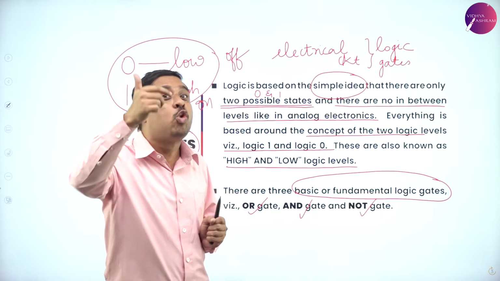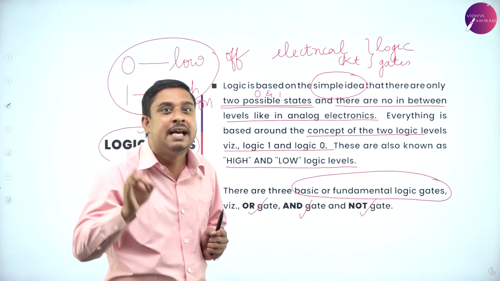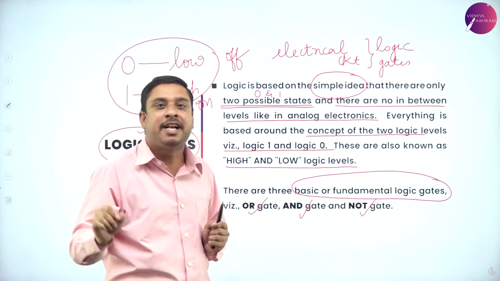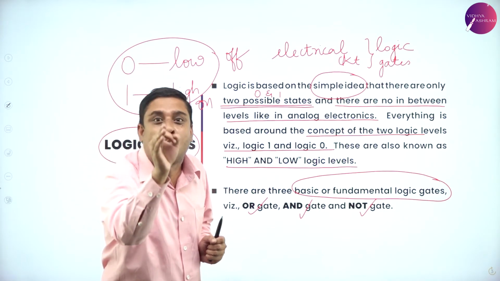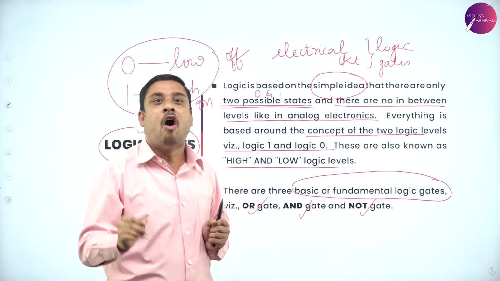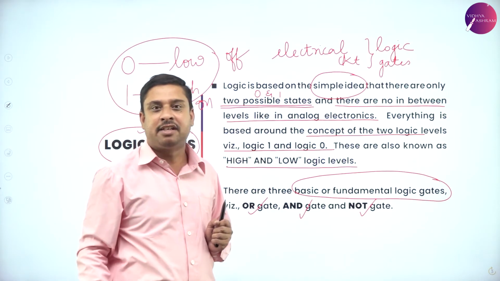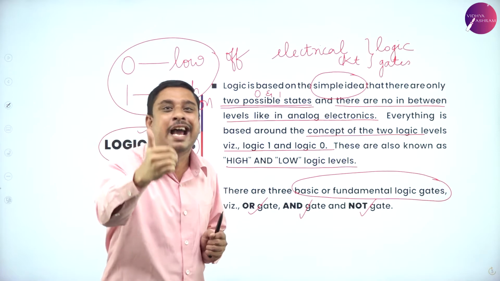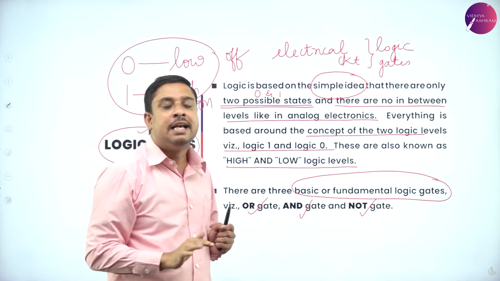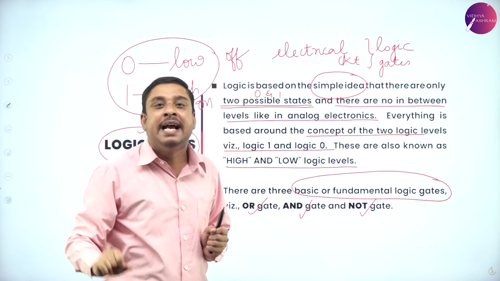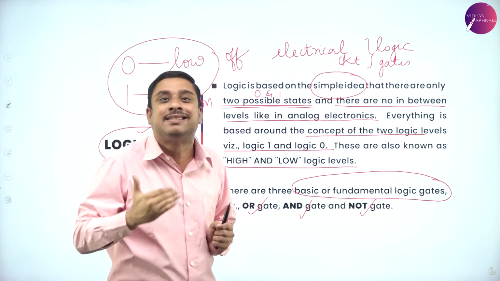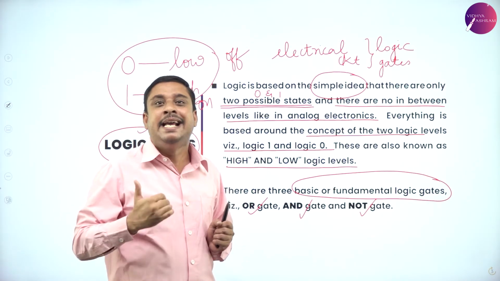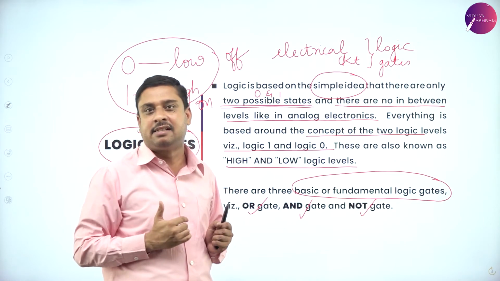Which are those two possible states? The zero state, which is the low state or the off state, or the one state, which is high or on. There cannot be any metastable in-between states.